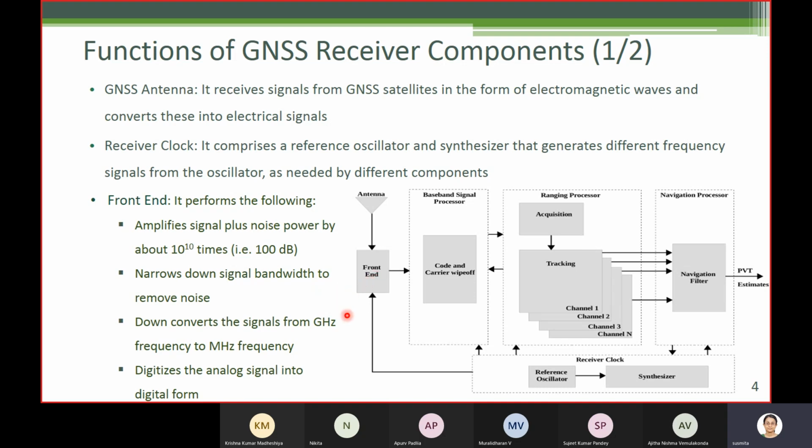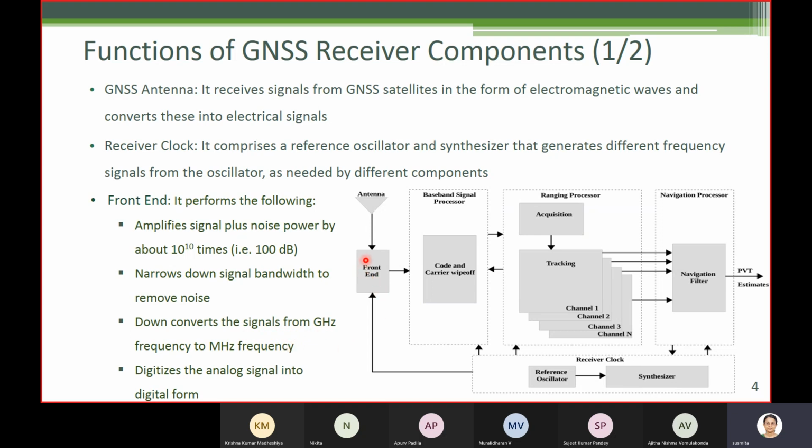Next, the carrier frequency is a few gigahertz. We have seen that L1 is 1.5 gigahertz, L5 is about 1.175 gigahertz, then S is about 2.4 gigahertz. So processing signals at the gigahertz level would require more computational resources. A clever alternative is to change the signal frequency from gigahertz to megahertz.